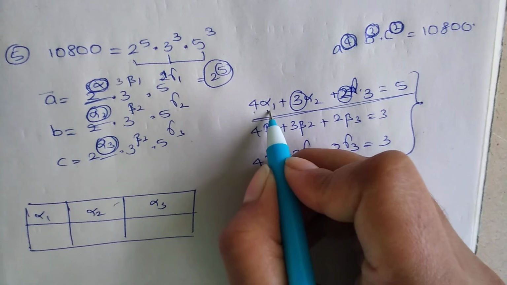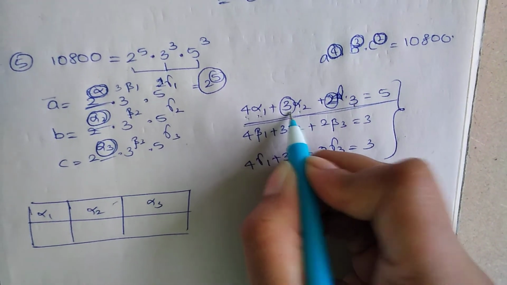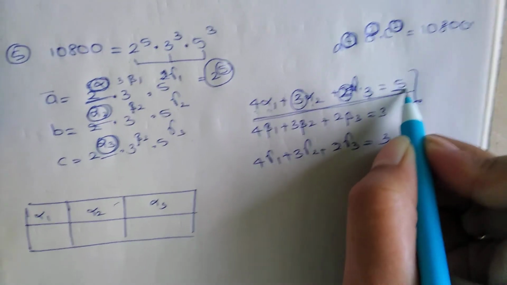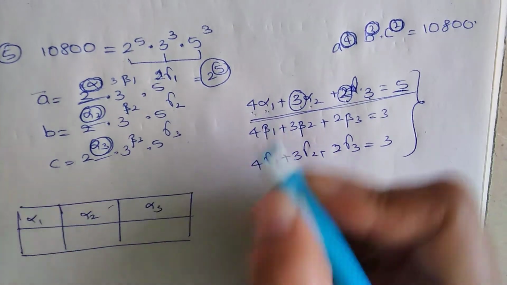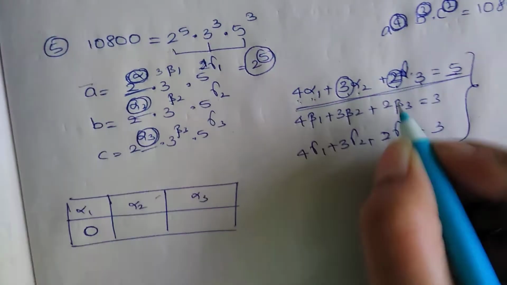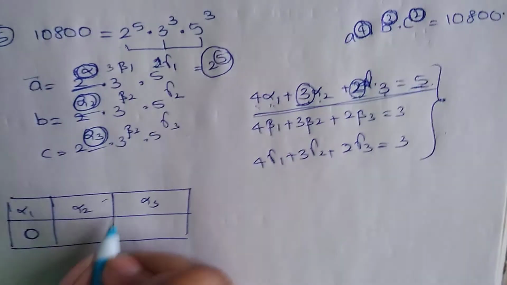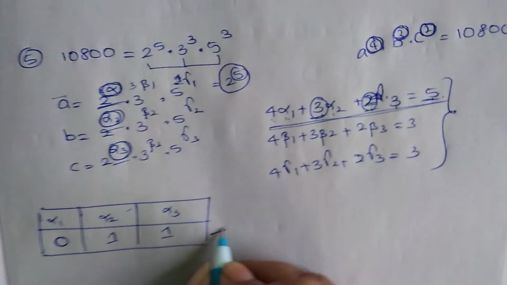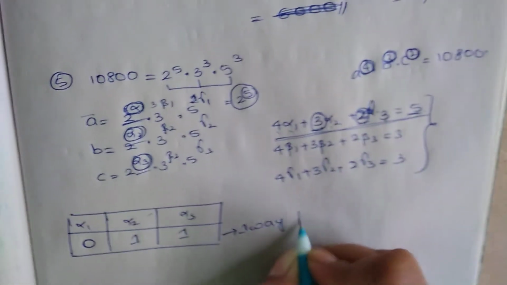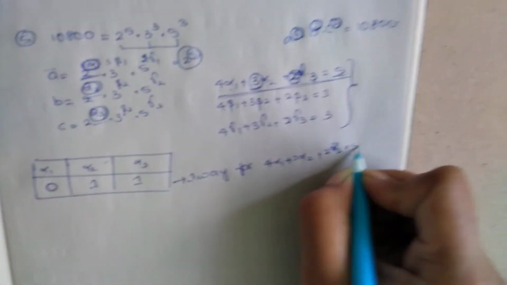If you take alpha 1 as 1, alpha 2 and alpha 3 as 0, 4 plus 3 plus 2 will not be equal to 5. It will exceed. Yes or no? So, this must be 0. If this is 0, 3 plus 2 satisfies 5. Yes, only one way is possible for 4 alpha 1 plus 3 alpha 2 plus 2 alpha 3 equal to 5 to be satisfied.